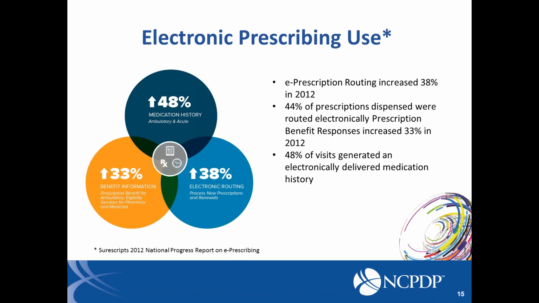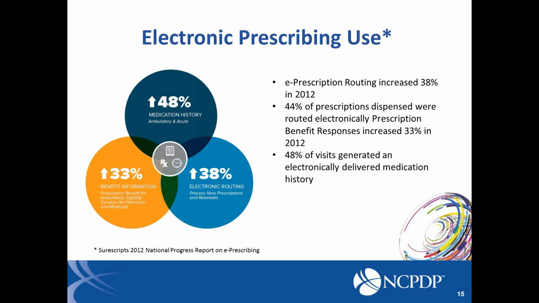Also here, I mentioned that in 2012, electronic prescriptions were up 38%, and that there were a record 788 million electronic prescriptions in 2012. Also, in 2012, 44% of all prescriptions dispensed were routed electronically, and that is up from 36% during 2011.